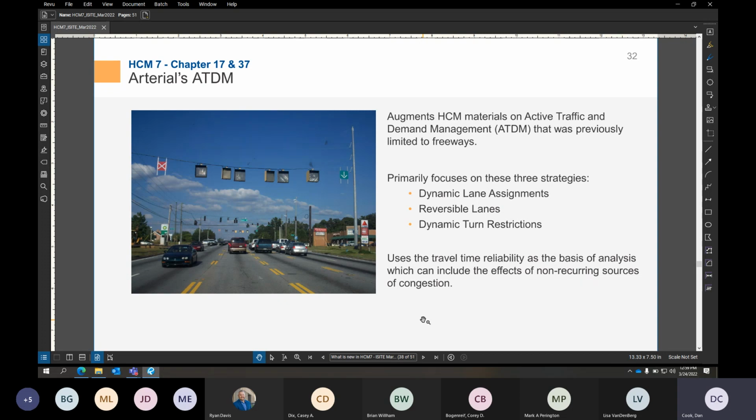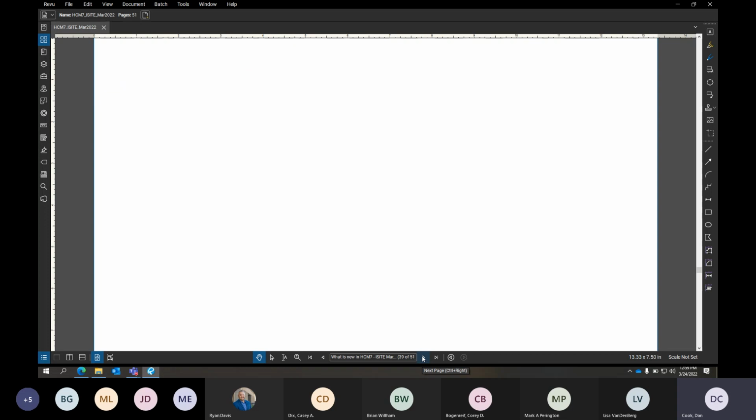Travel time reliability analysis looks at the effects that recurring congestion has on the performance of a facility throughout the entire year, as well as non-recurring sources of congestion, such as weather events, crashes, and fluctuations of demand throughout the year, especially, think of ski areas that see huge traffic demands during certain parts of the year versus others. I think the next slide might go into a little more detail.